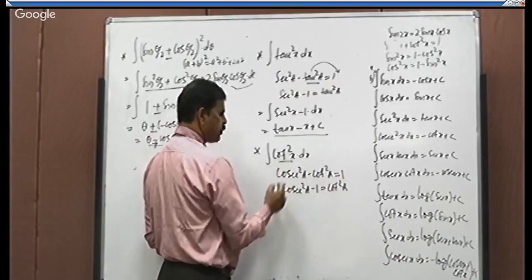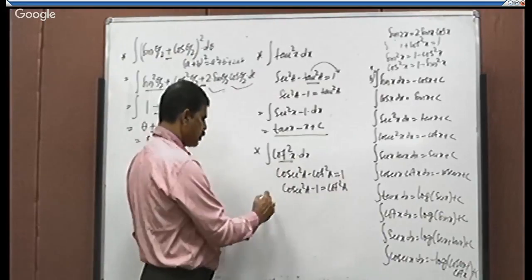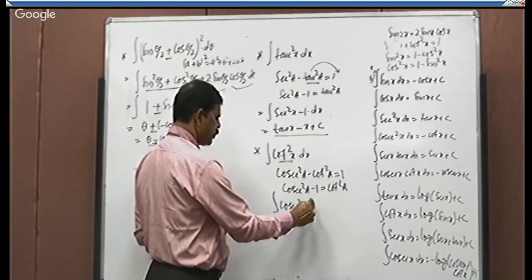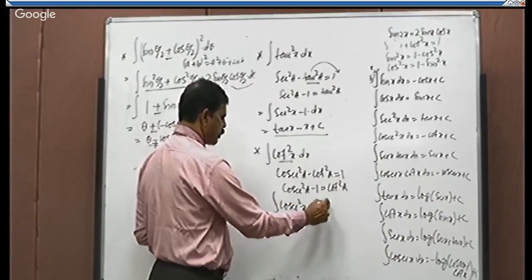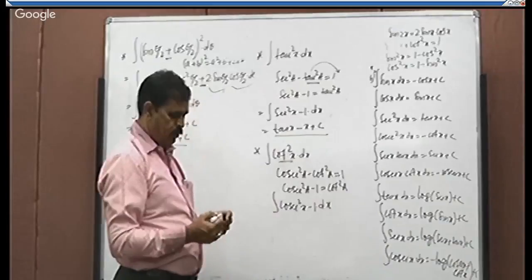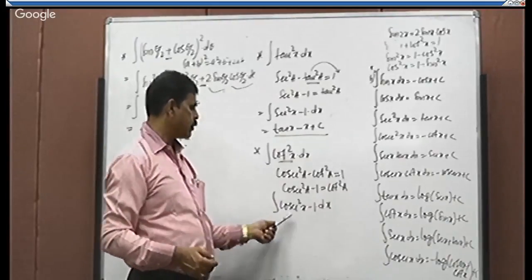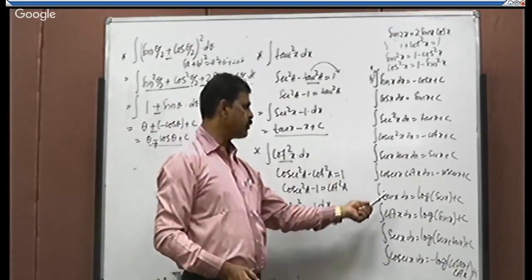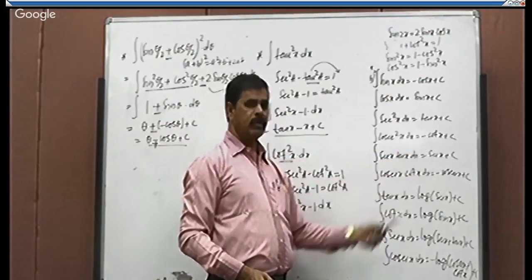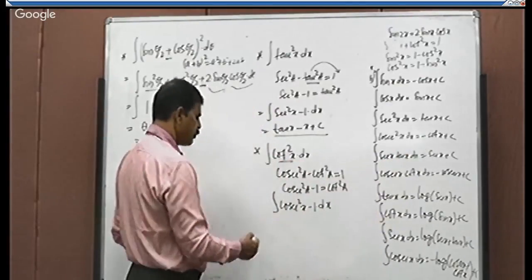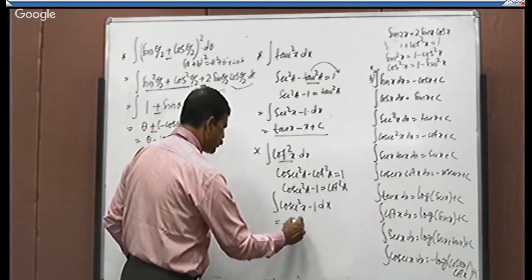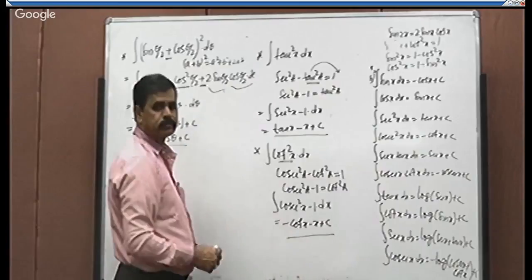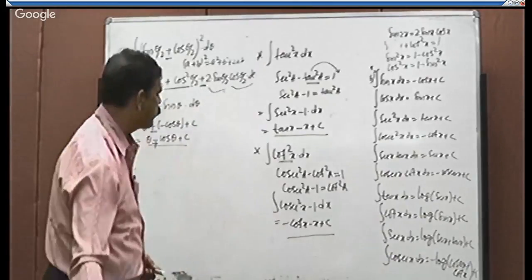Then I can replace it as cosecant square x minus 1 into dx. Cot square x can be taken as what? Cosecant square x minus 1. Integration of cosecant square is minus cot x. What is integration of 1? It is x, right? Minus cot x minus x plus c, right?